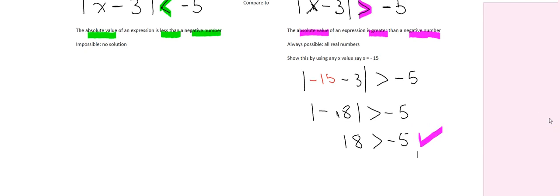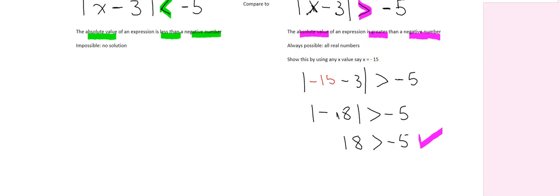Since it is correct, our solution is all real numbers, or you write the interval notation as negative infinity to positive infinity as your final solution for this case.